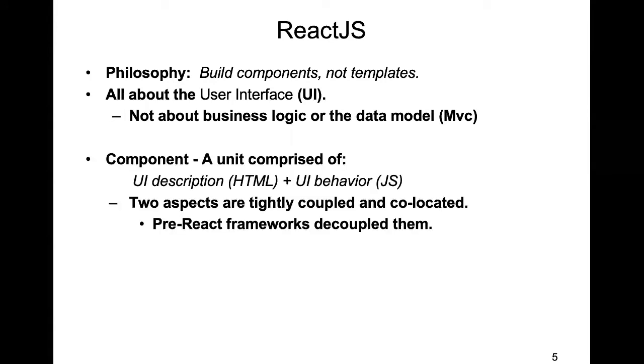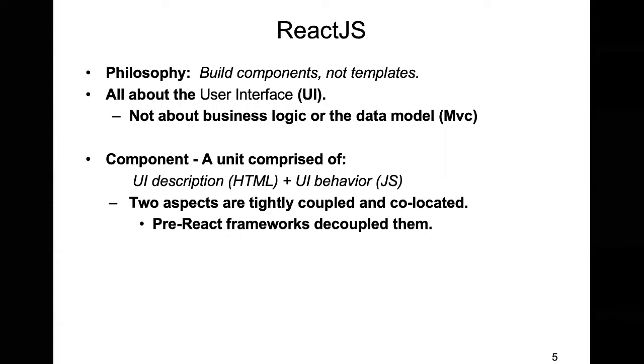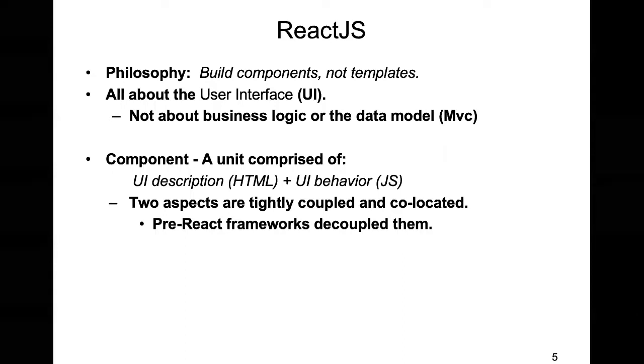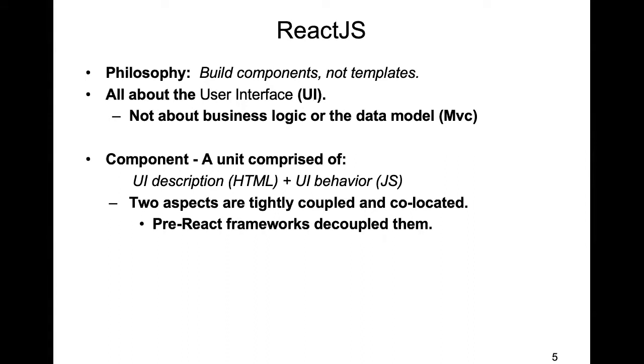So what do we mean by a component? A component is comprised of two parts, the UI description and the UI behavior. By the UI description, I mean what is the actual layout of the user interface. And we know that if it's in the web world, then we use HTML to describe the layout, and that's still the case when we're using React.